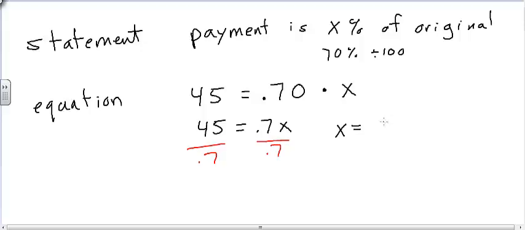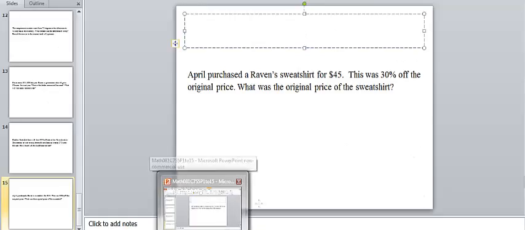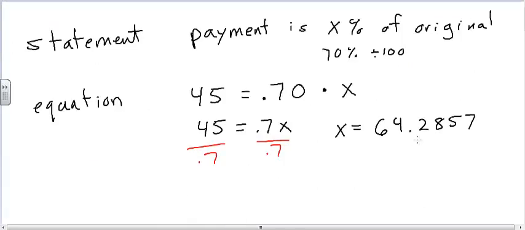When I do, I divide 45 by 0.7. I'll get 64.2857. Now, since we're dealing with dollars and cents, and we have no other rounding instructions, by default, I'll round this to 2 decimal places.